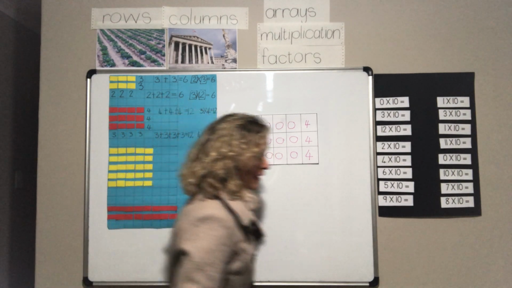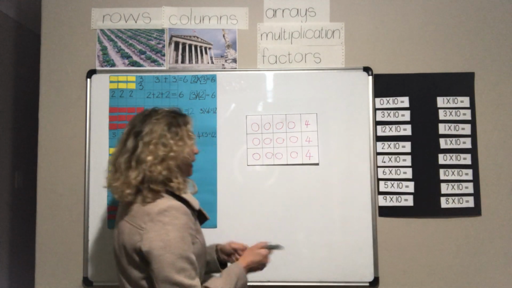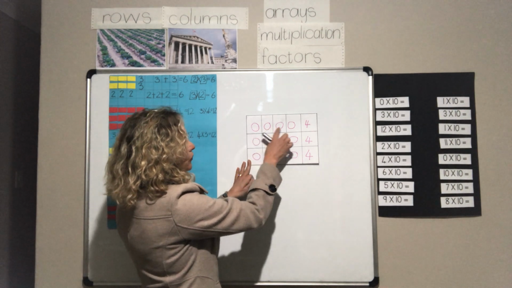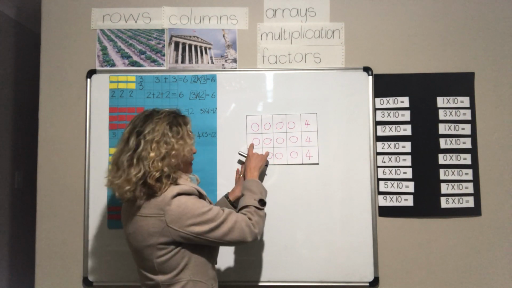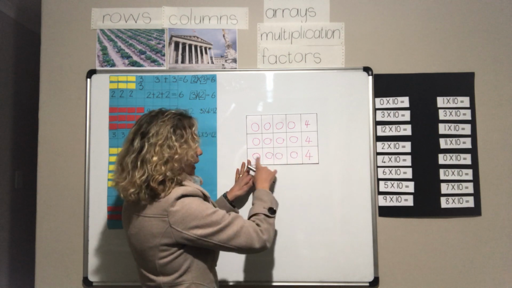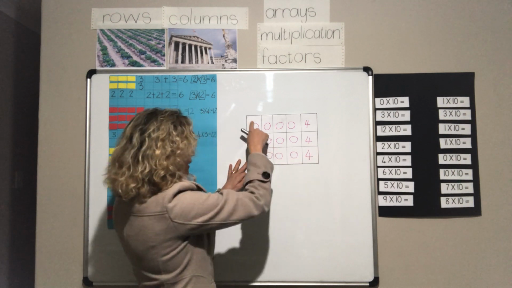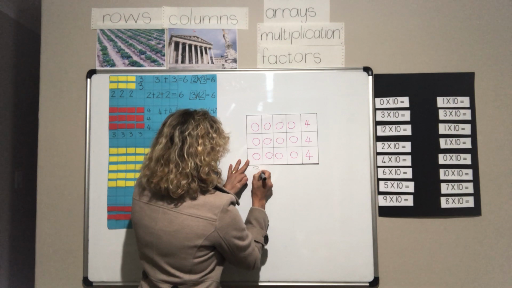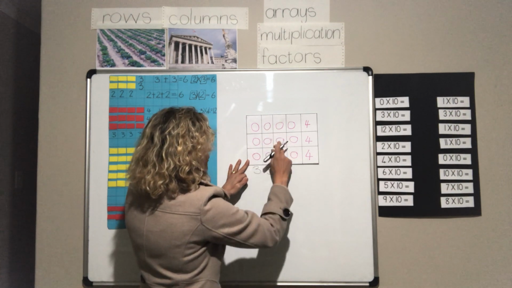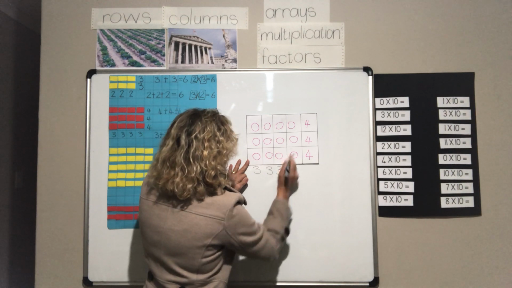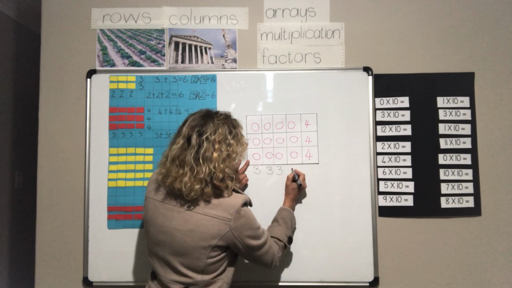If we count them carefully, you will see that I have 1, 2, 3, 4 going across in each row. There's 4 in that row, and there's 4 in that row. Coming down, there's 3 in this column, 1, 2, 3, in this column, 1, 2, 3, in this column, 1, 2, 3.